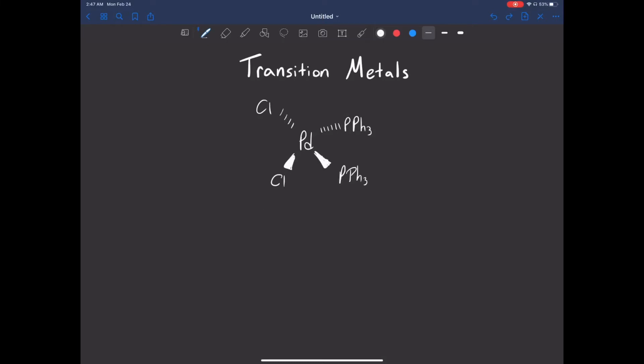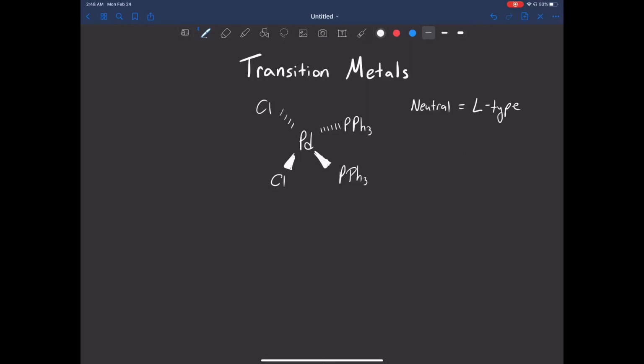So whenever we're doing these sort of reactions, it's important to know the valence electrons we're dealing with, the oxidation states. And to do this, we have to look at our ligands. Now, ligands can either be neutral or they can be negative. Now, neutral ligands, you may see them referred to as L-type.